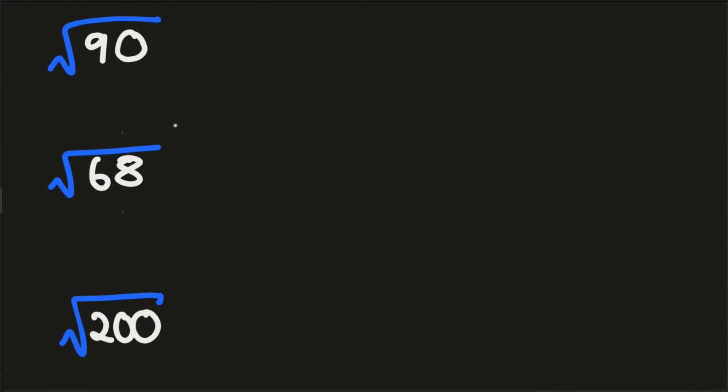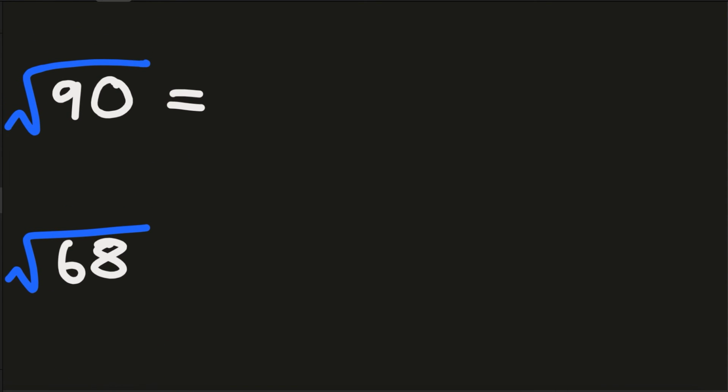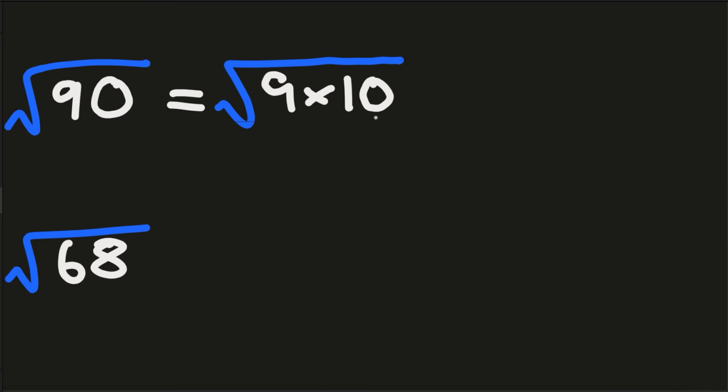Now we have 3 non-perfect squares, and we're going to apply the same process to simplify them. We know that the square root of 90 is equal to the square root of 9 times 10, because 9 times 10 is 90.